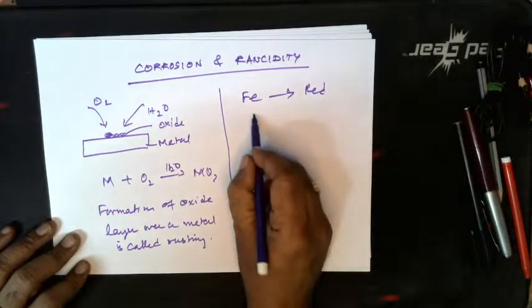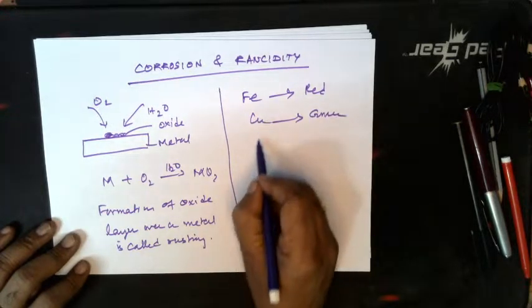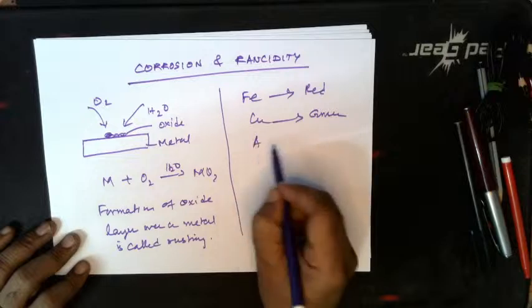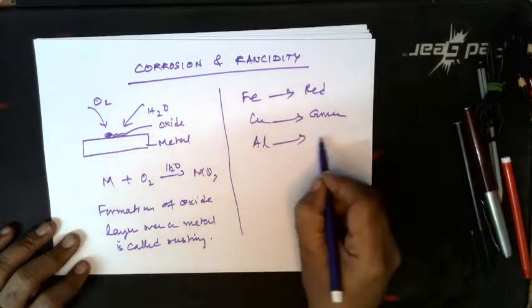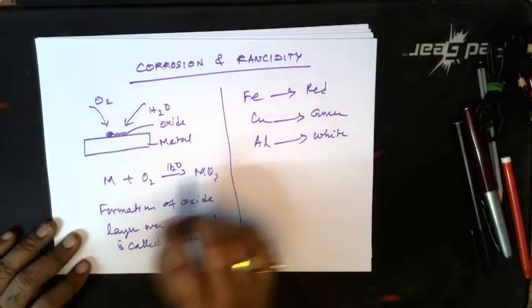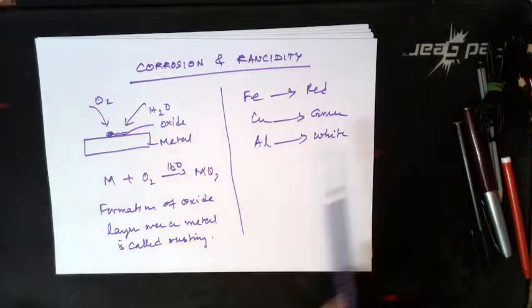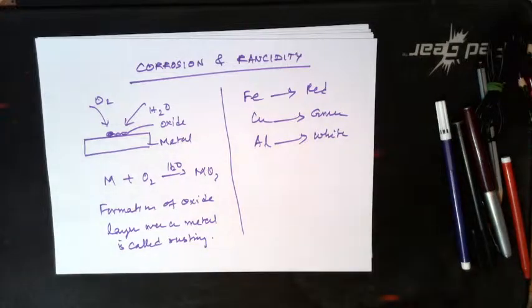In case of copper, it gives green rust. In case of aluminum, it gives white rust. So based on the nature of the metal, the rust colors may differ, but all are formed as metal oxide.